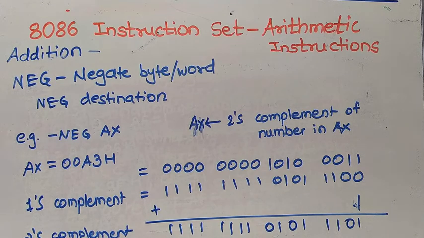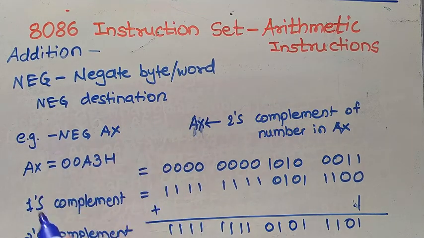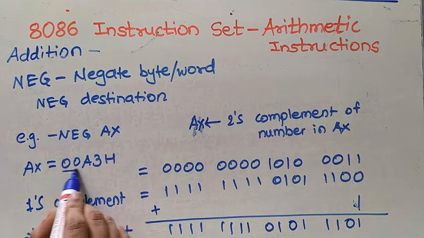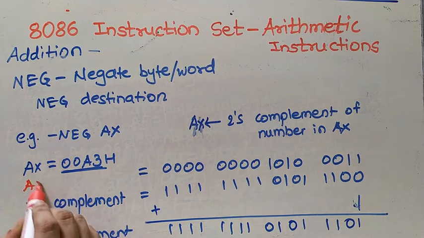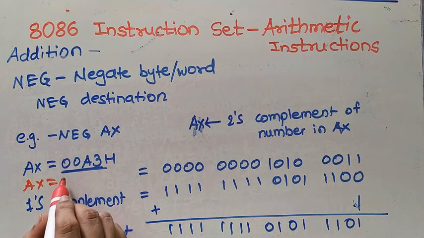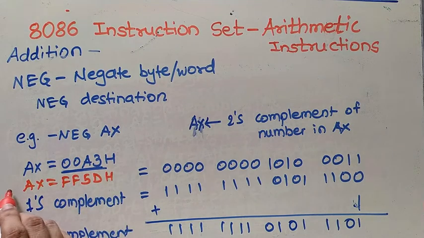This is nothing but FF5DH. So after execution of this instruction in AX, instead of this A3, our result will be changed by 2's complement. That result will be FF5DH, which is the 2's complement number.